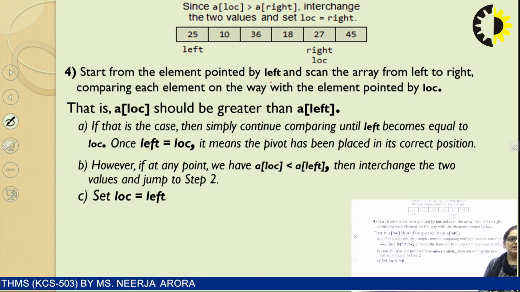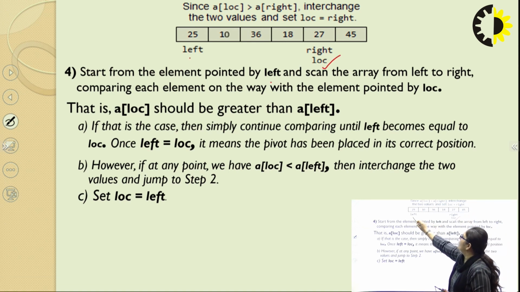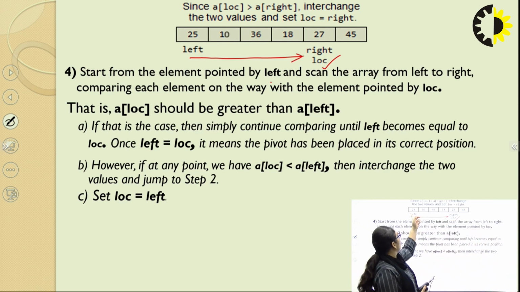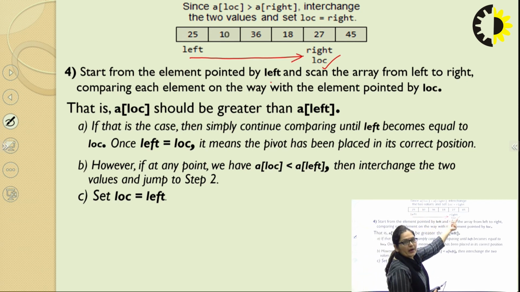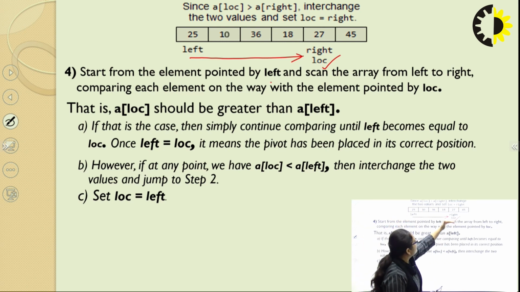Basically, step 4 is executed when A LOC is at the right position and we have to move from left to right. In the previous step, we interchanged 25 and 27 and LOC comes at this point. So now we have to move from left to right.